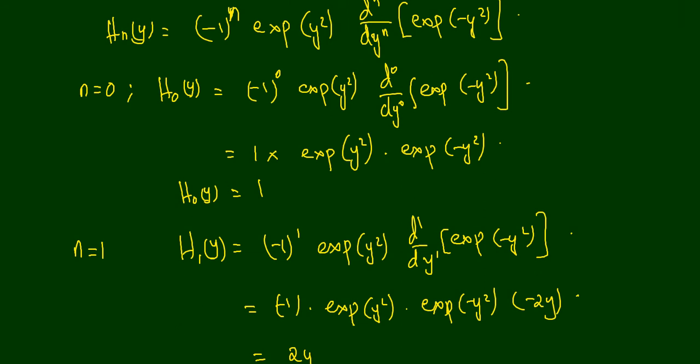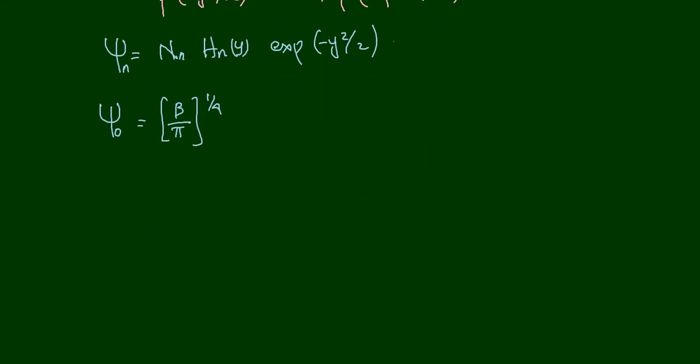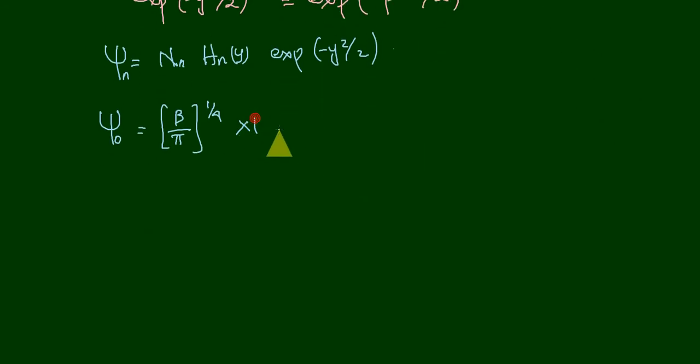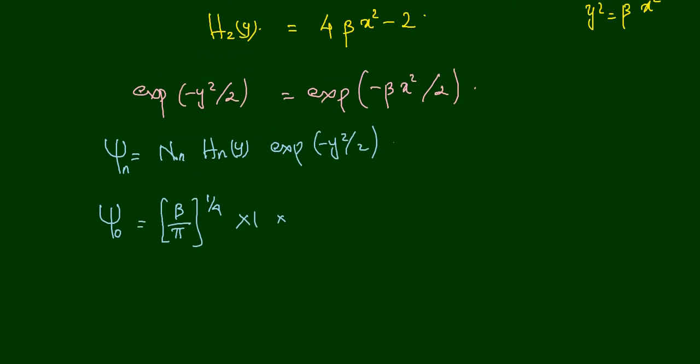So multiplied by 1 into exponential minus y square by 2, and exponential minus y square by 2 is exponential minus beta x square divided by 2.